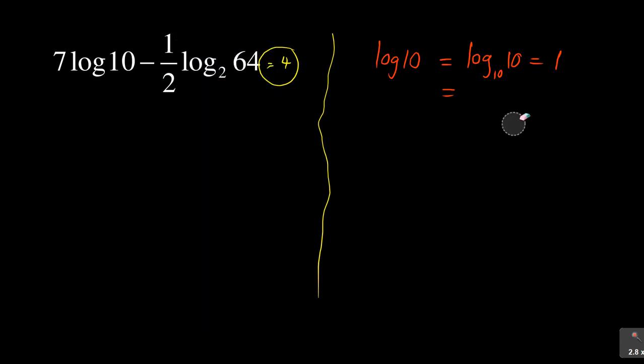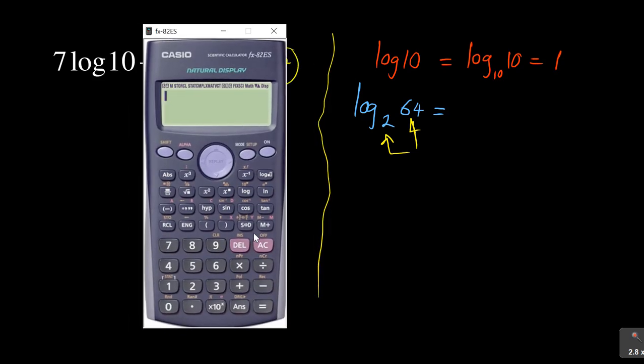So that part is done. The next part that I want you to take note of is this part, which is log base 2 of 64. Now the key thing is, how can I express 64 in terms of 2? So you take your calculator and see how 64 and 2 are related.